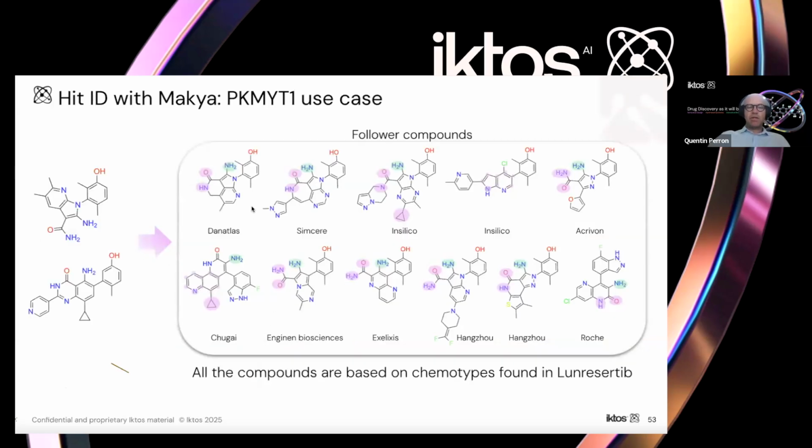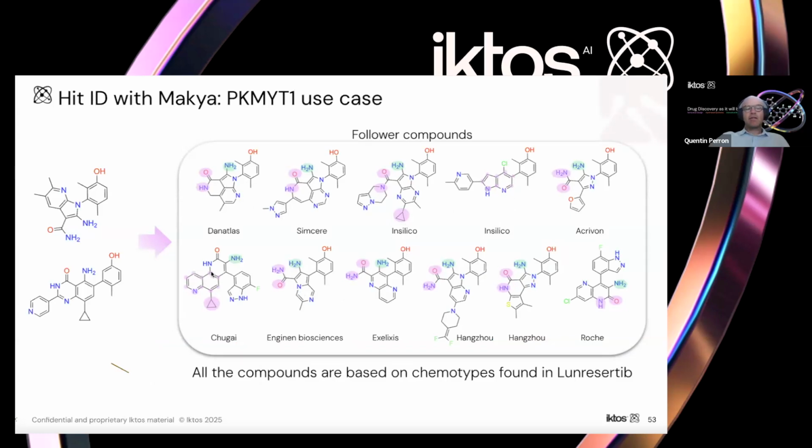When you see the competition, it is the same: Atlas, Simcere, Insilico, Chugai, Exelixis, etc. All those companies have the same pattern. So you have on one part a phenol, on the other part some sort of an amide bond to interact with the hinge binding motif. And in the middle, you have NH2 everywhere. Maybe one exception is these molecules from Insilico.